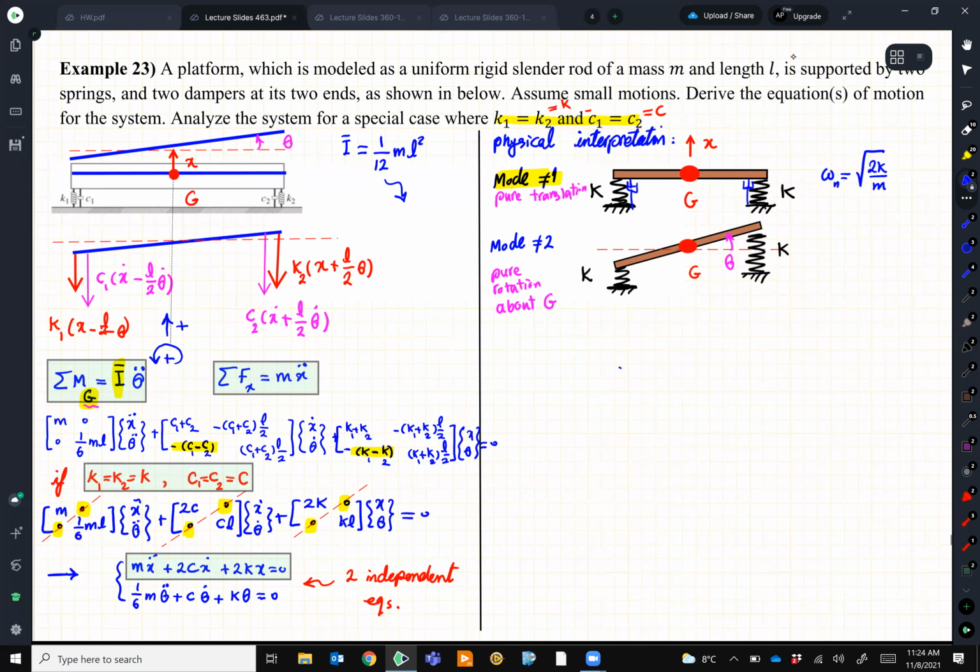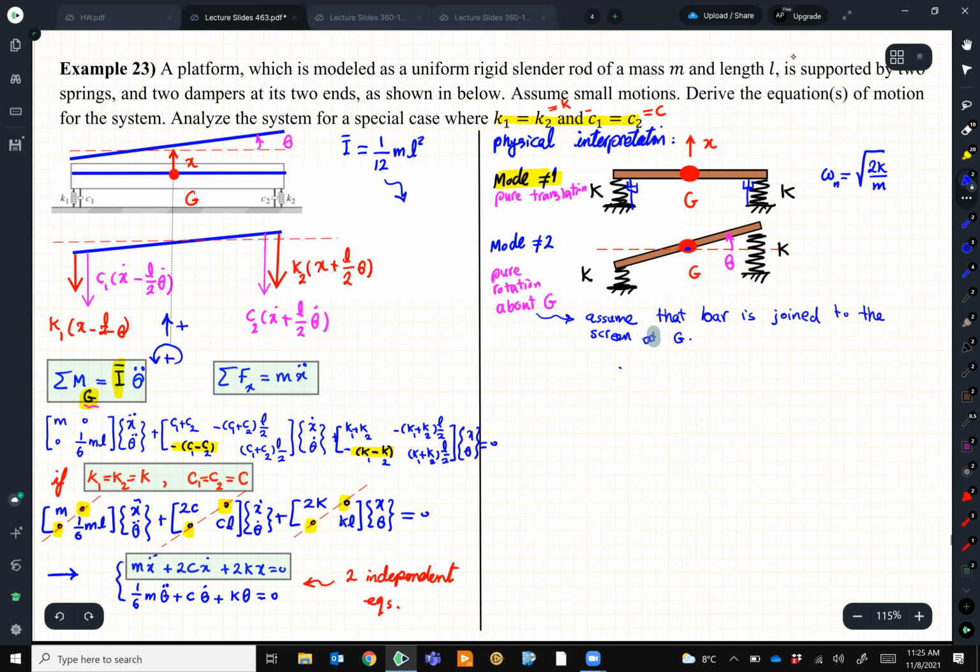So when I say pure rotation about G, you can assume that it is joint, yes, joint to the screen. So you can assume that point G, that's G, right?